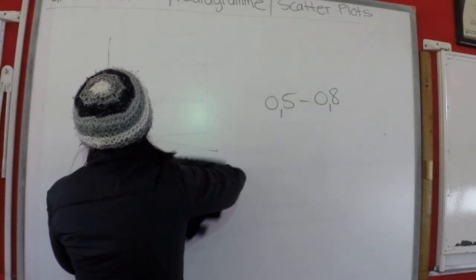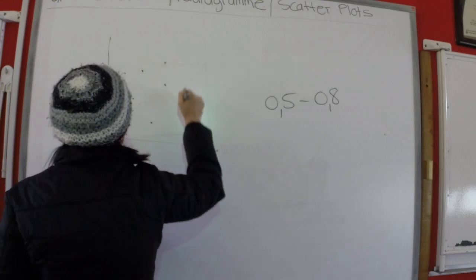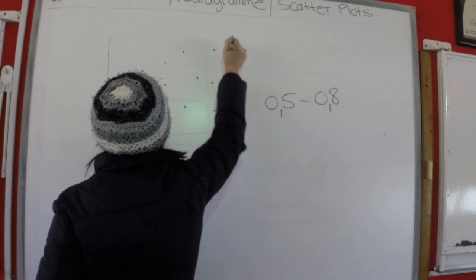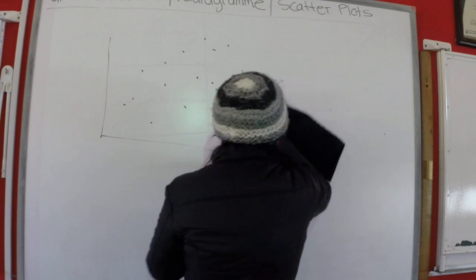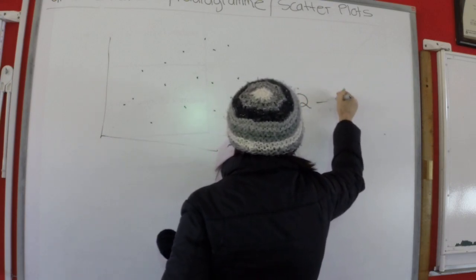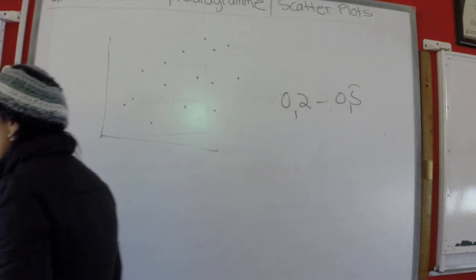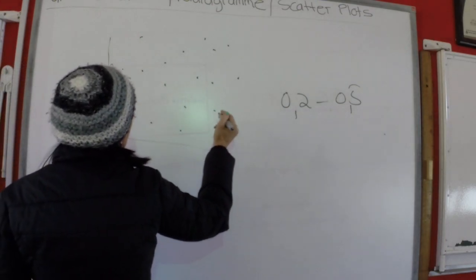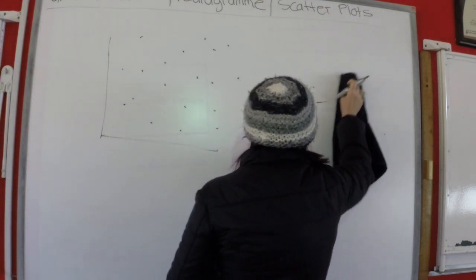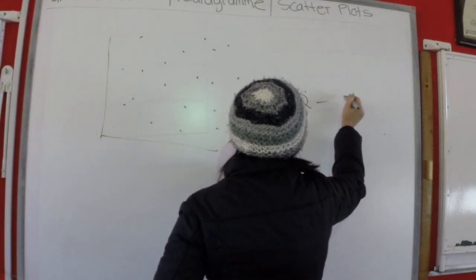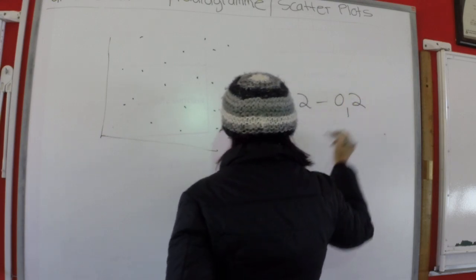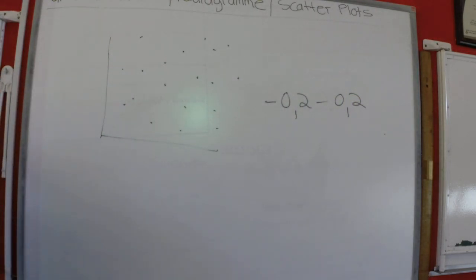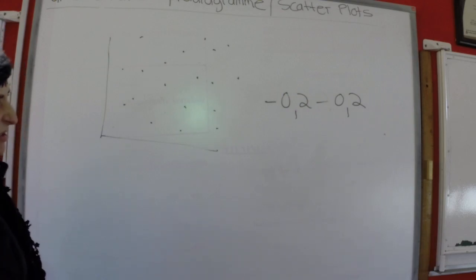Maar as ons nou iets kry wat nou weer so lyk, that's going to be between 0.2 and 0.5. Hierdie is 'n swak positiewe lineêre korrelasie. En as dit so lyk, like that, we can go from minus 0.2 to 0.2, en dit is dan 'n onbeduidende no correlation.